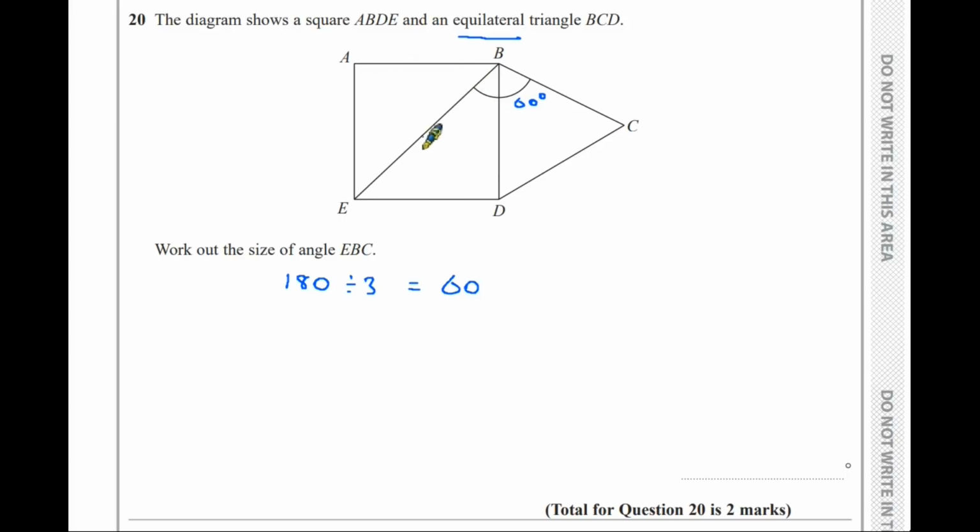And if you take a diagonal straight across from opposite corners of the square, we are dividing it exactly in half, which leaves us with an angle of 90 and then 45 and 45. So the other part of our angle is 45 degrees. If we add 45 and 60, the answer we get is 105 degrees.